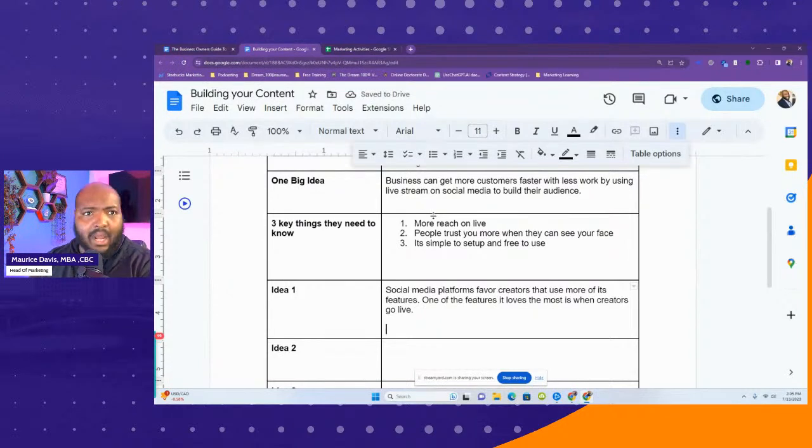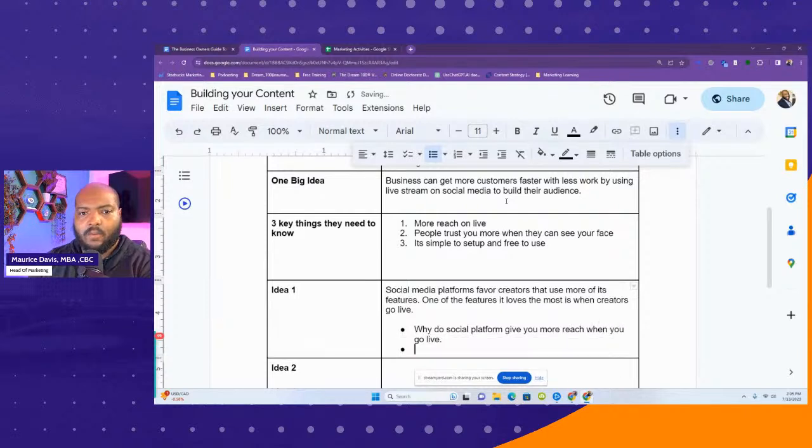I am going to add some context here. Why do social platforms give you more reach when you go live? How does it help?